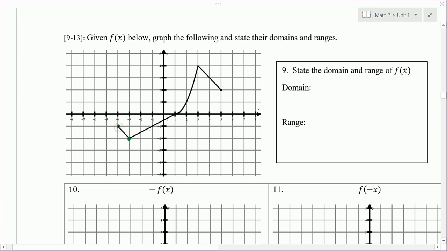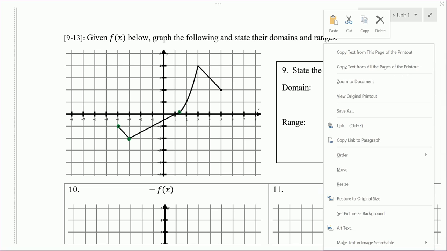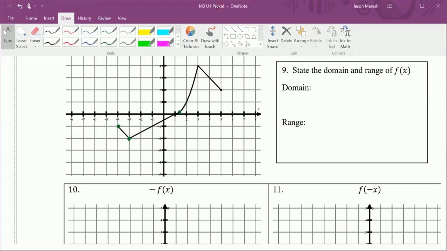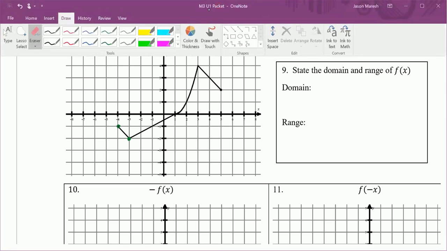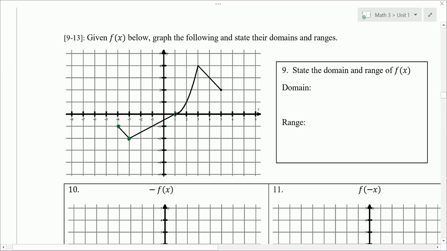I'll just kind of bolden them a little bit. Okay. So there's 5 key points that we're going to need to use to reference, and we work with this.